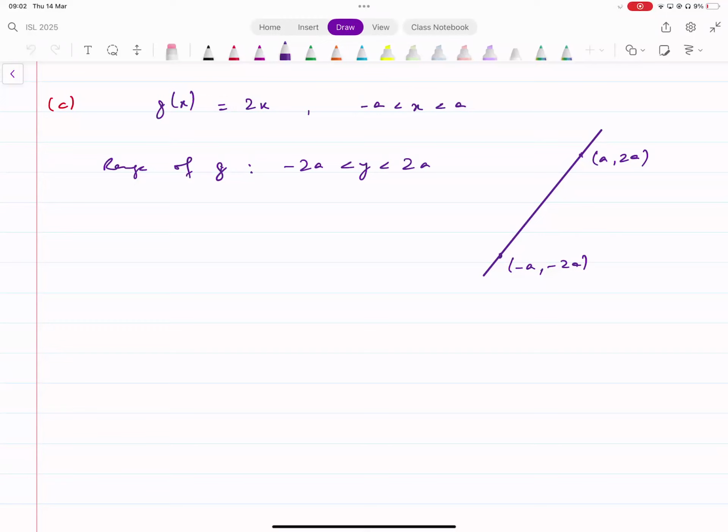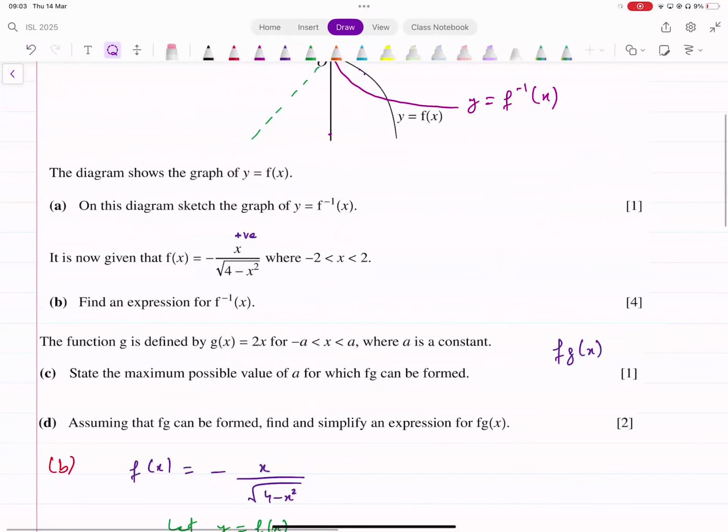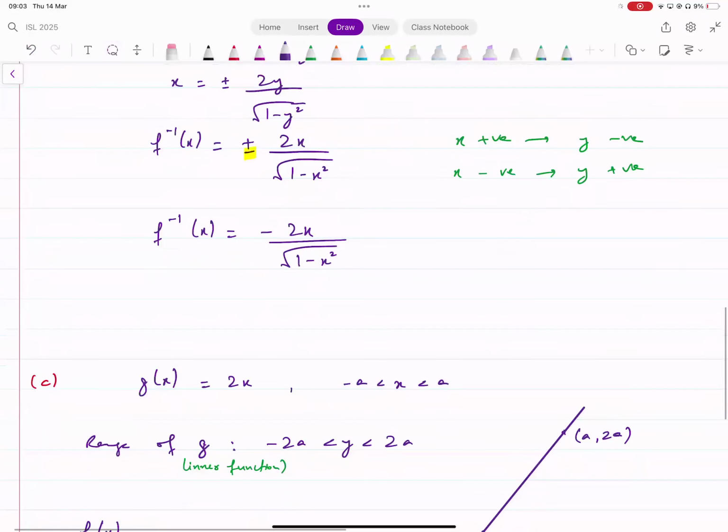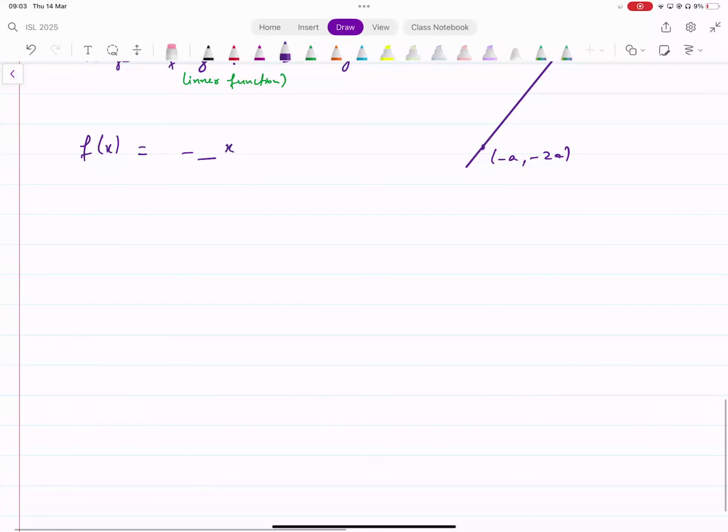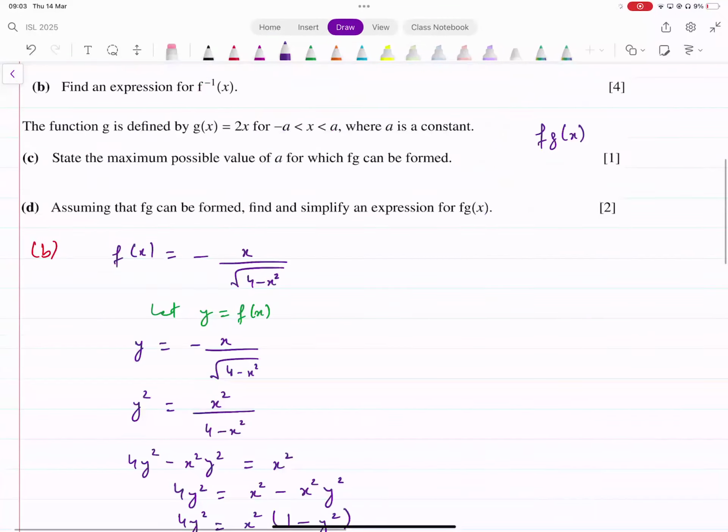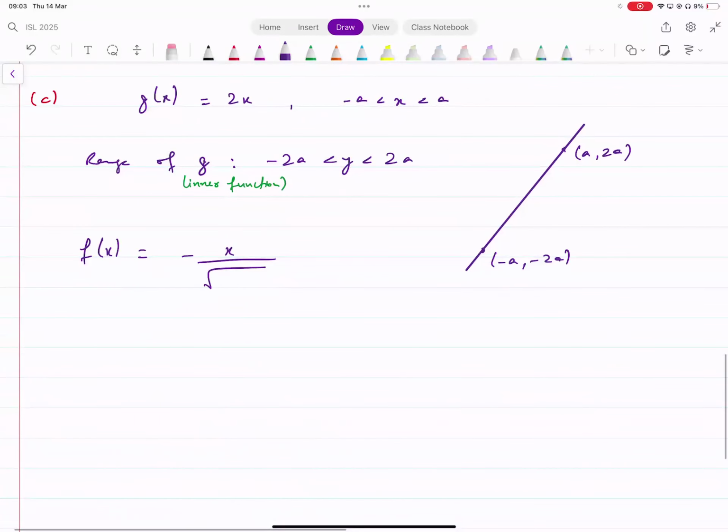ठीक है, अब ये कॉरेस्पॉन्ड करनी चाहिए टू द डोमेन ऑफ द आउटर फंक्शन. Now what's the outer function? This was the inner function. f of x is the outer function. What was f of x? f of x was minus x over square root of 4 minus x squared.